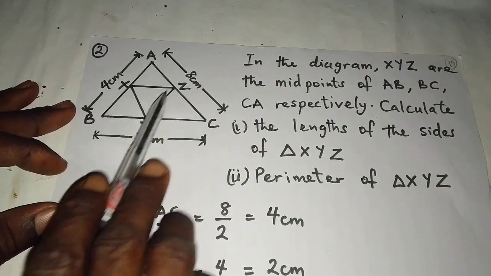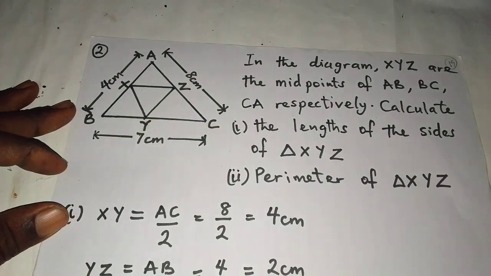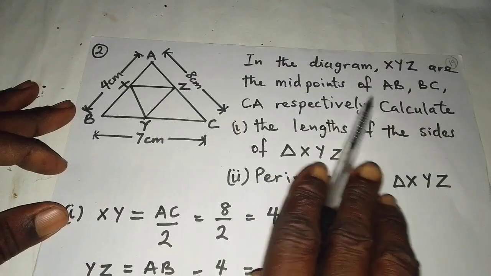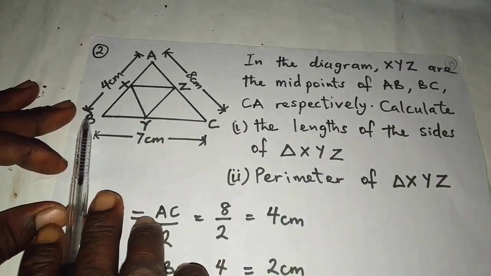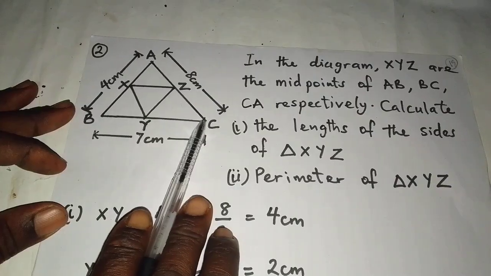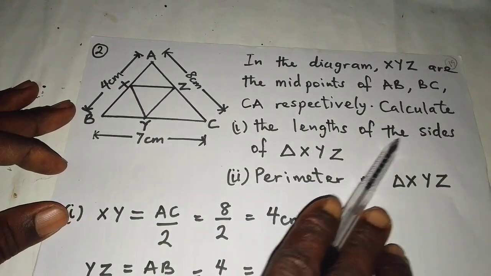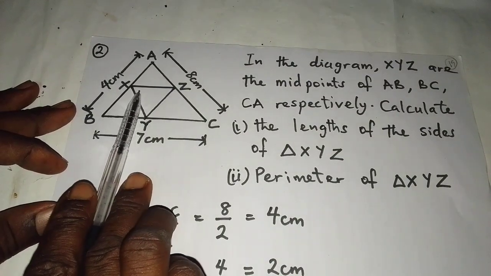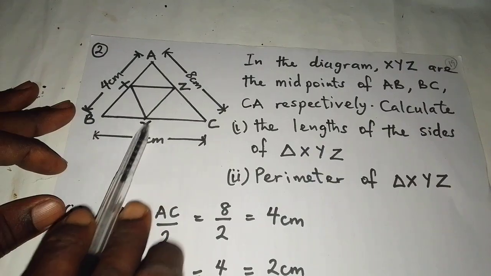X, Y, and Z are the midpoints of AB, BC, and CA respectively. Calculate the length of the sides of triangle XYZ.